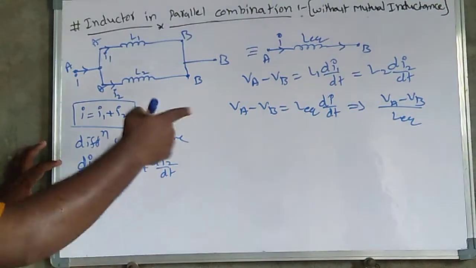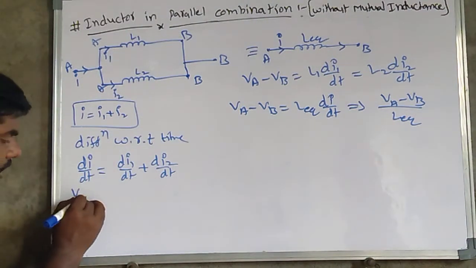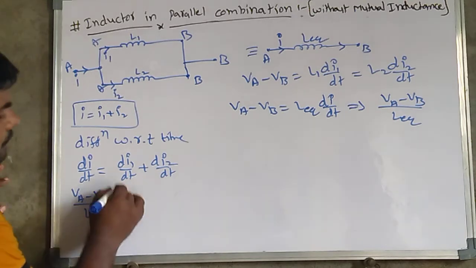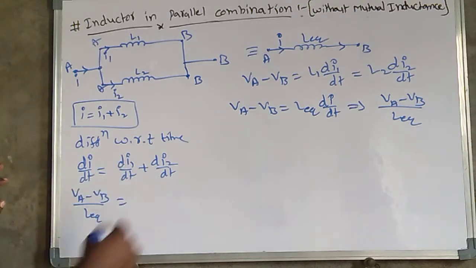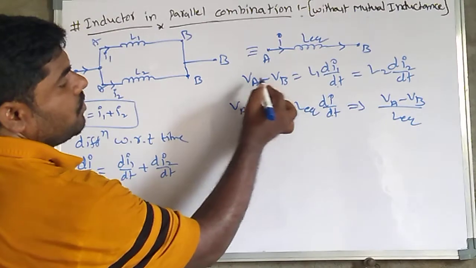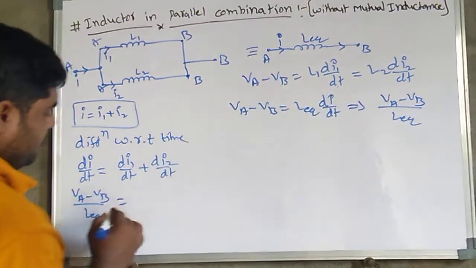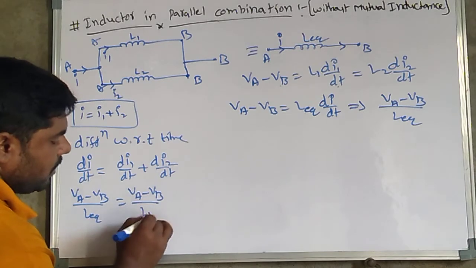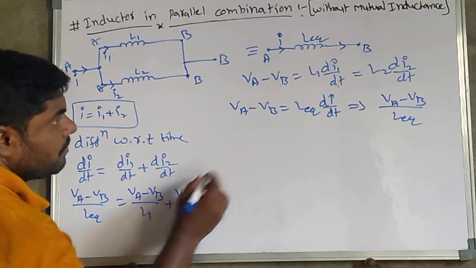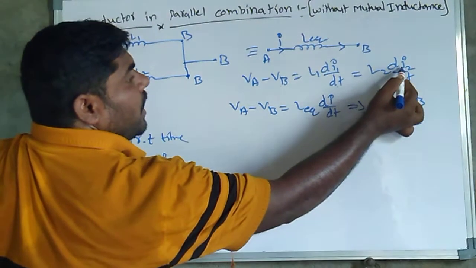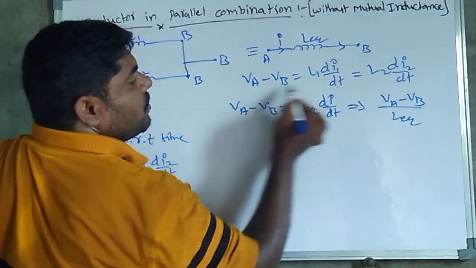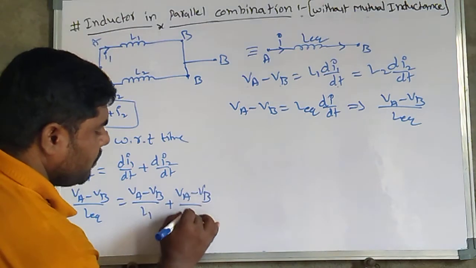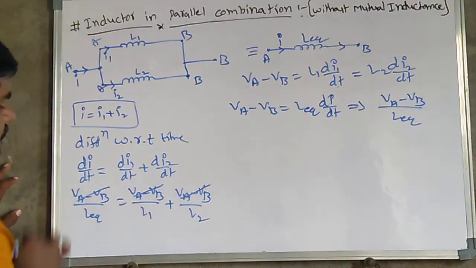Similarly di1 by dt is VA minus VB divided by L1, and di2 by dt is VA minus VB divided by L2. VA minus VB gets cancelled.